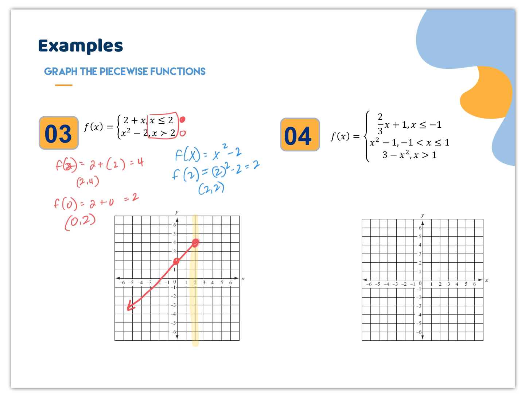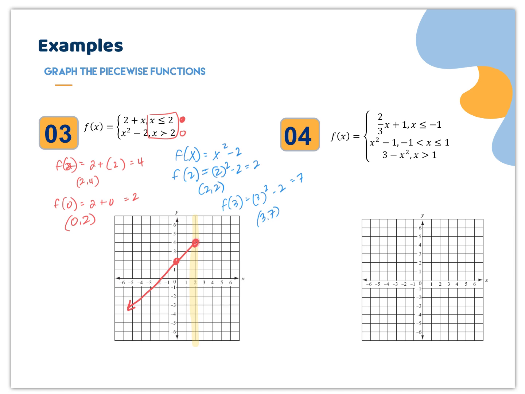Then if x is greater than 2, let's go to 4. Quadratics go up and down very quickly, so instead of going to 4, let me just go to 3. So f of 3 equals 3 squared minus 2, which is 9 minus 2, or 7. So when x is 3, y is 7.